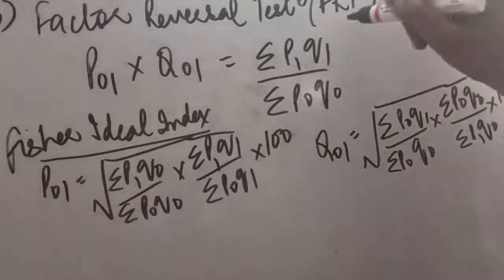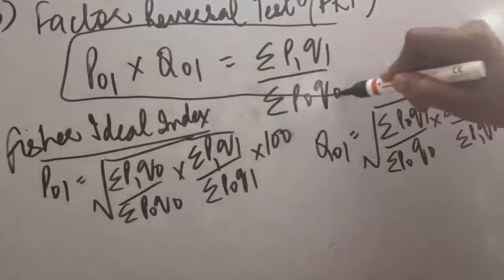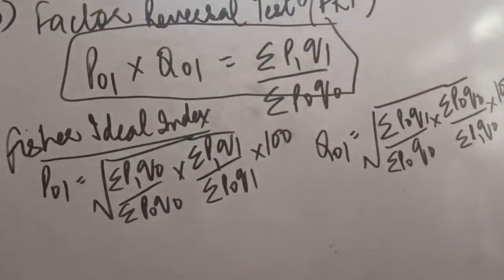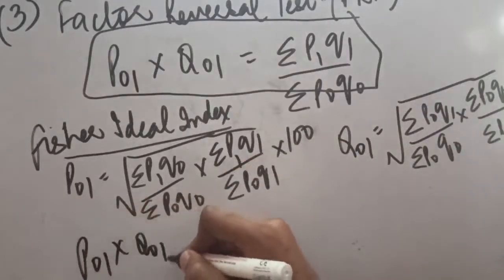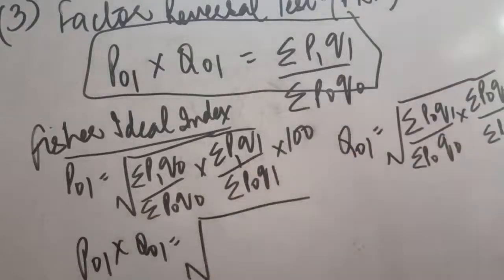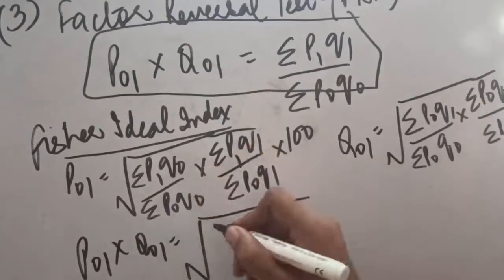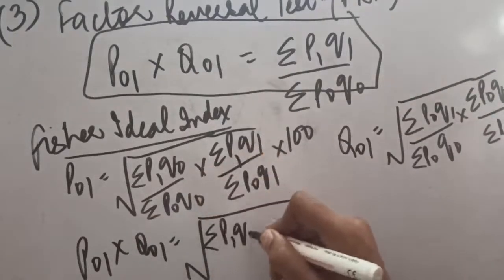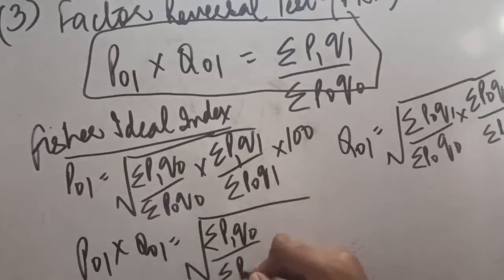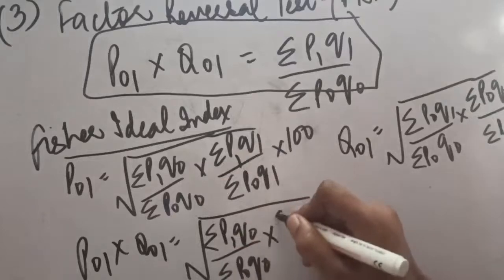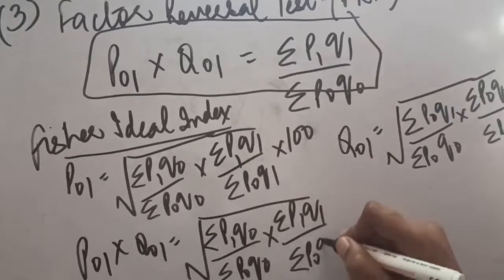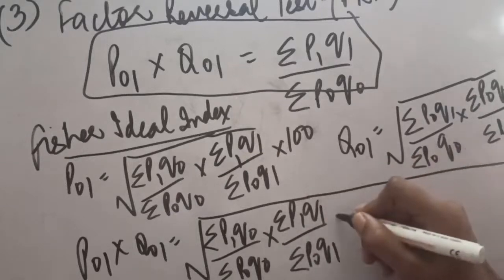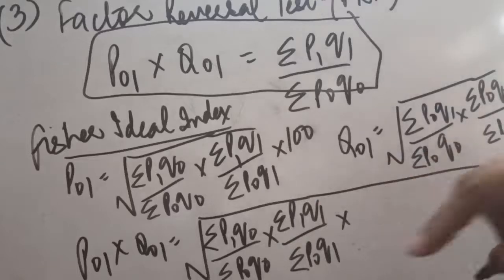Now if we want to apply this factor reversal test, let us see how we can apply it. We will write P01 into Q01. Here also we will ignore 100 and just put these values: P1 Q0 divided by sigma P0 Q0, P1 Q1, P0 Q1, now multiplied by Q01.